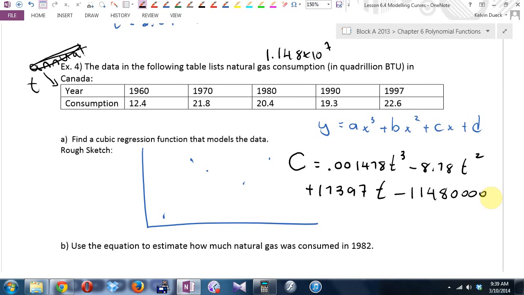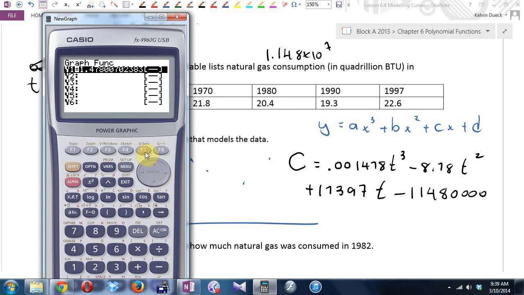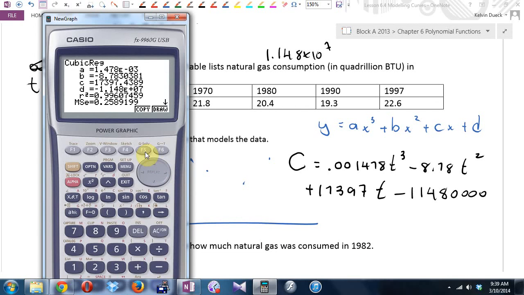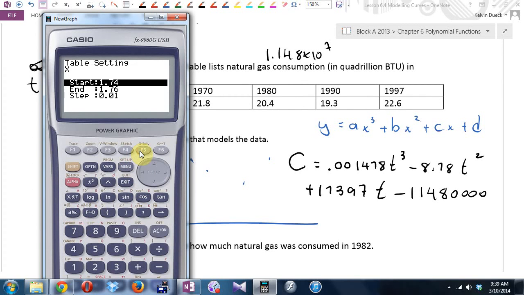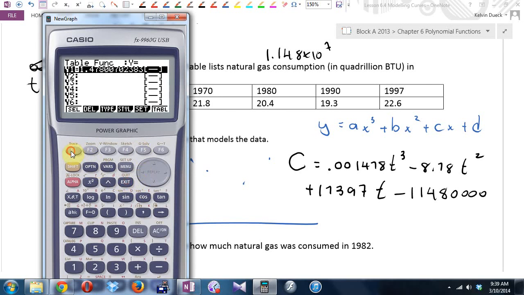Okay. It says use the equation to estimate how much natural gas was consumed. They want me to find a consumption. They're giving me a year, 1992, so I'm going to copy. I did copy it already. I'm going to go menu, table, set the table. To get 1992, I'll start at 1991. I'll go up to 1993. I'll go up by ones. Select that graph.